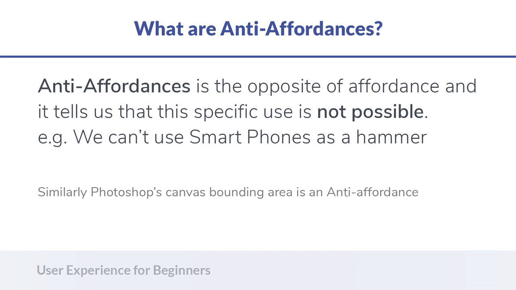And that bounding box or that white screen or those document boundaries in Microsoft Word or Google Docs show that this is the boundary of that document. You cannot go outside of this boundary, or you cannot perform this action with it. So this is anti-affordance.